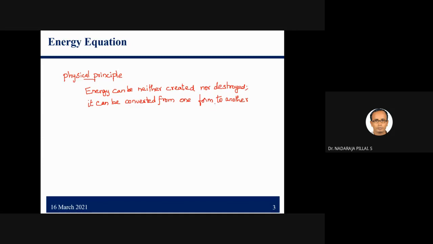So this is our basic energy physical principle.